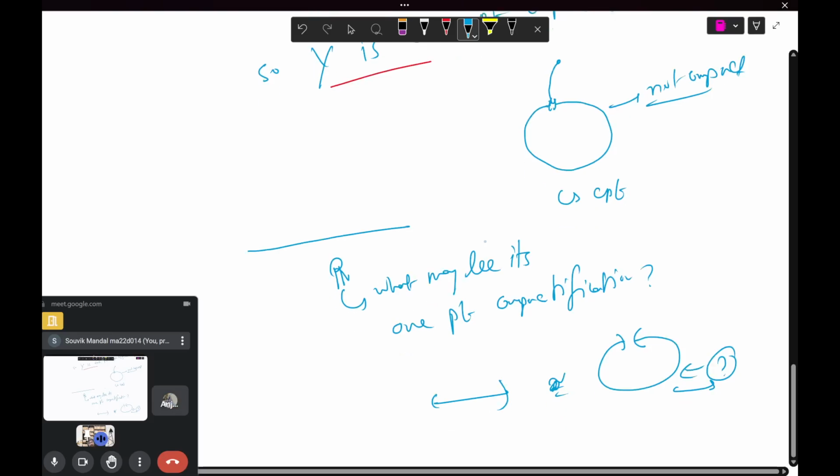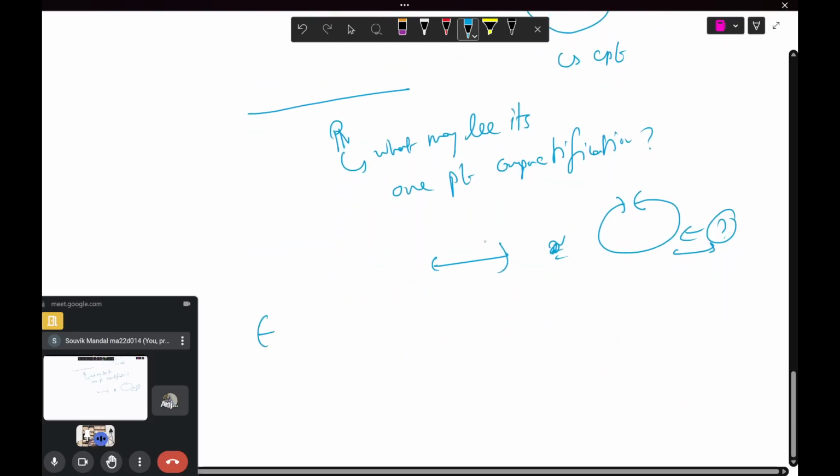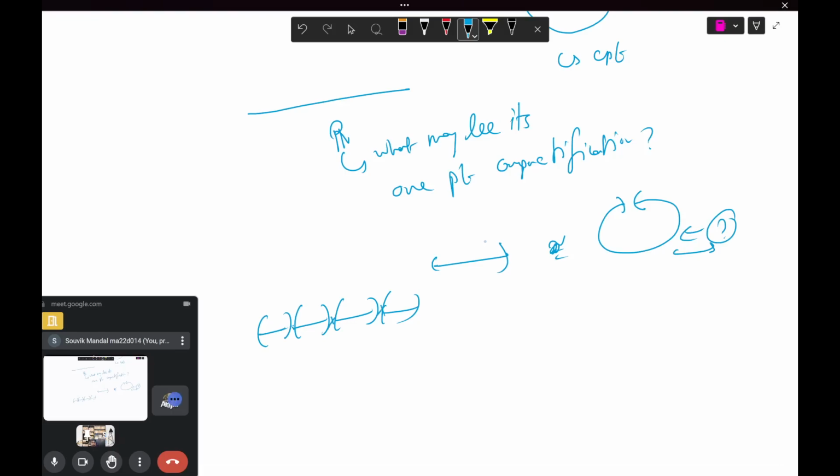So you have said that R can be written as disjoint open intervals, right? And then you join these gaps, right? Correct.